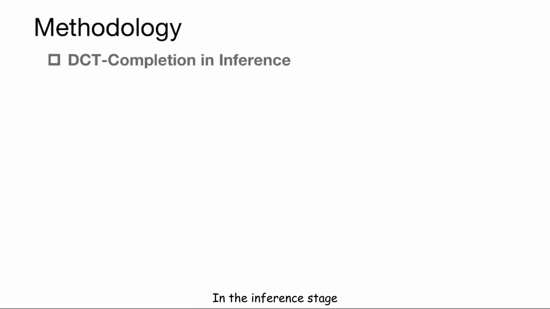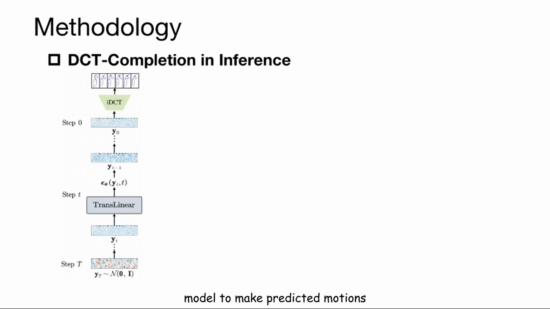In the inference stage, given observed motions, we need to use the trained model to make predicted motions. In prior diffusion-based works, with a trained diffusion model, motions can be generated via T denoising steps. However, the prior procedure cannot make use of observed motions, which makes predicted motions uncontrollable.